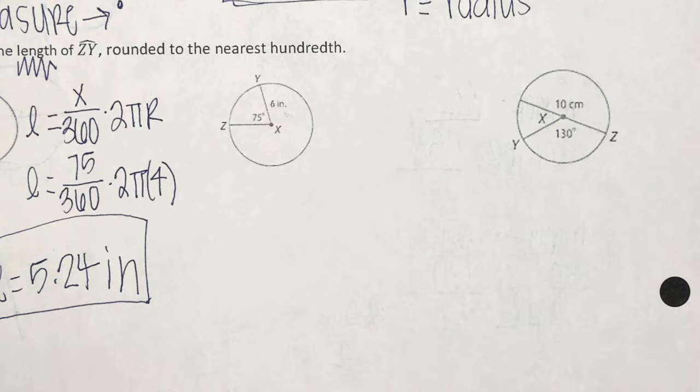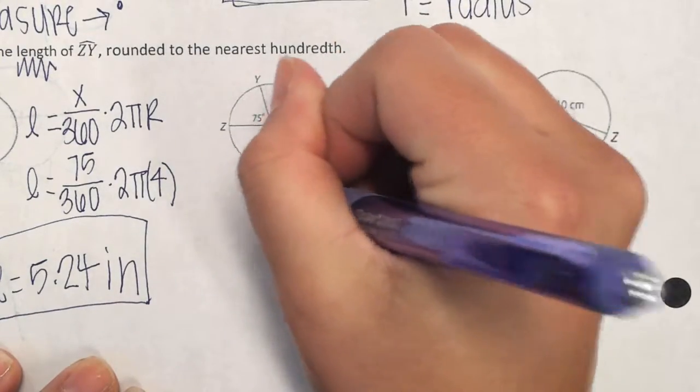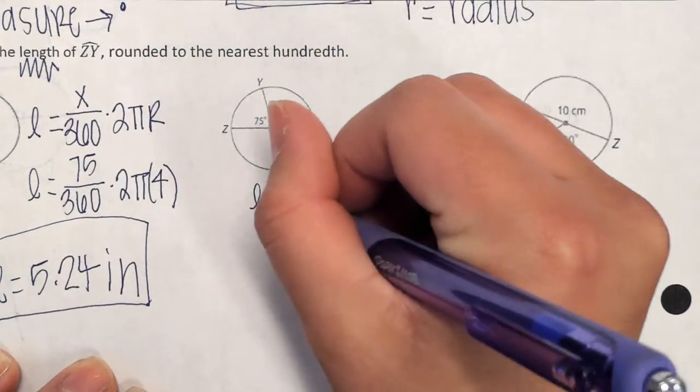You put parentheses and then a 6. I guess you'll just have to put parentheses. 2 pi 6. Yeah. Well, you can just press enter. I think that'll work. Yeah, I messed it up.